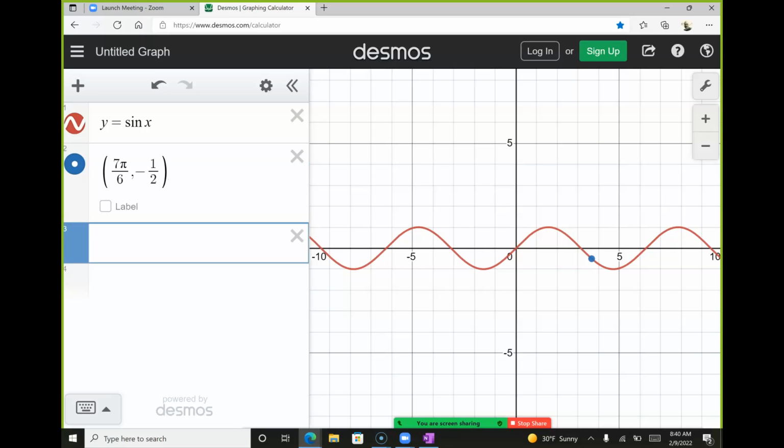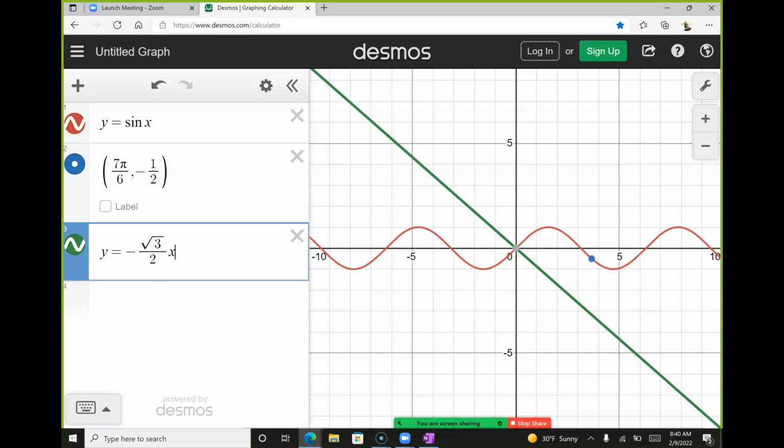I need a little bit of help here. For my tangent line, I had y equals negative square root of 3 divided by 2 times x. Is that correct? Yes. Someone give me verbal, I can't look at you and type it at the same time. Negative rad 3 over 2 times x. Good.